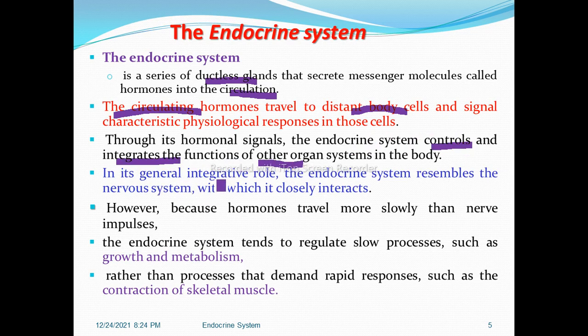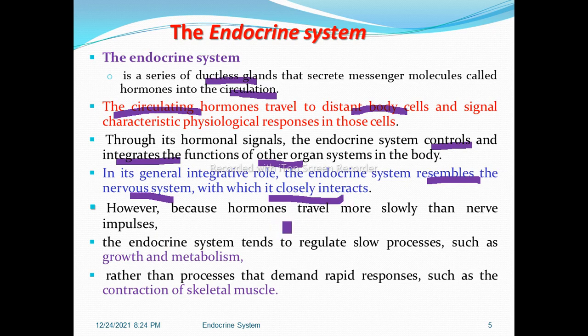In its general integrative role, the endocrine system is similar to the nervous system, with which it closely interacts. The endocrine system and nervous system have a close relationship based on their function.